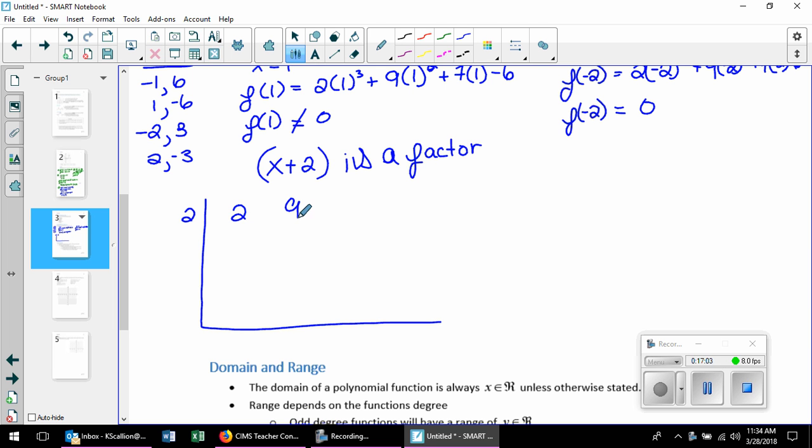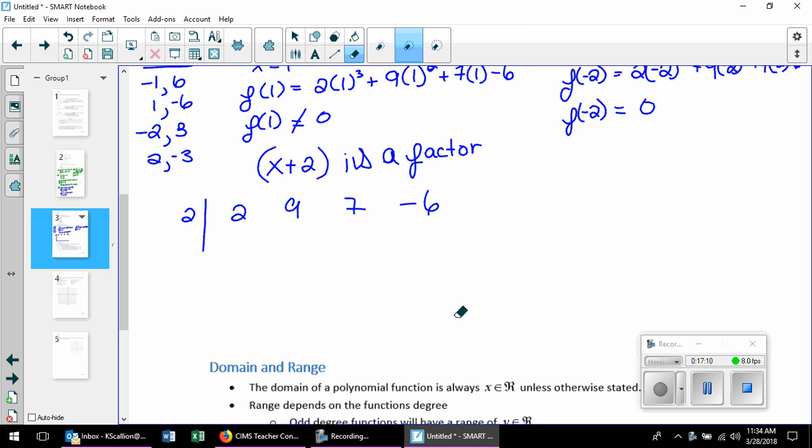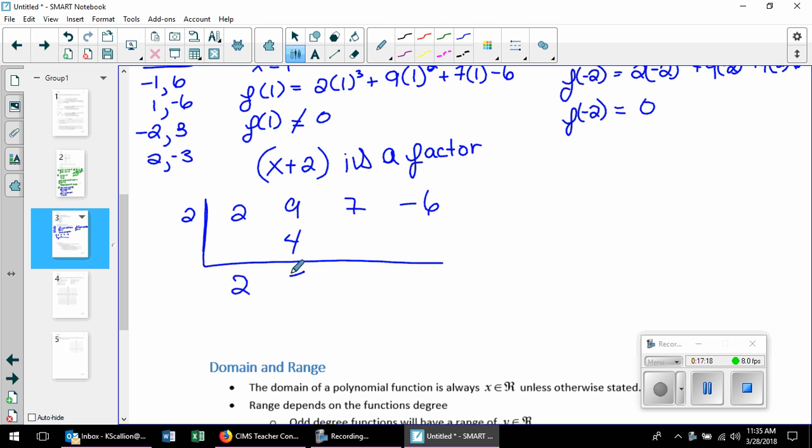2, 9, positive 7, negative 6. So the 2 comes down, it'll be 4, it'll be 5, it'll be 10, so negative 3. So this is my remainder, constant, x squared.